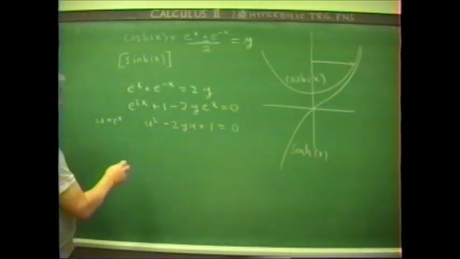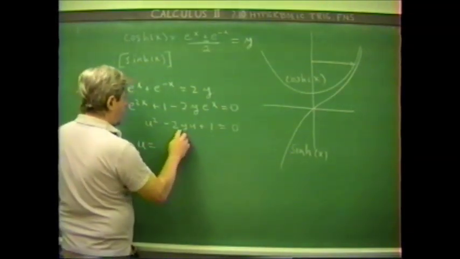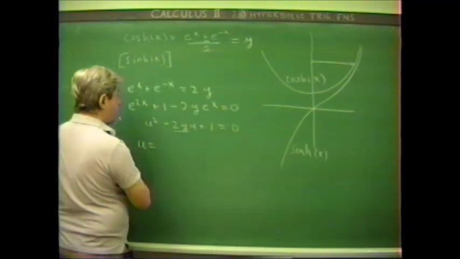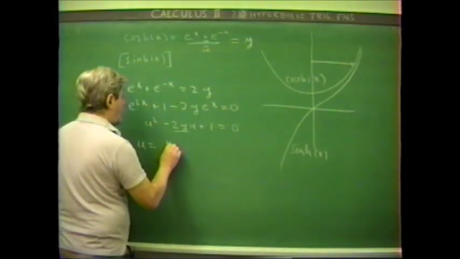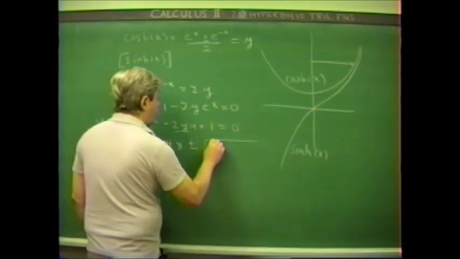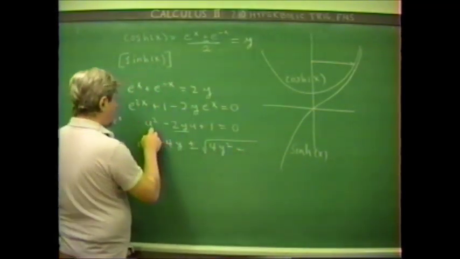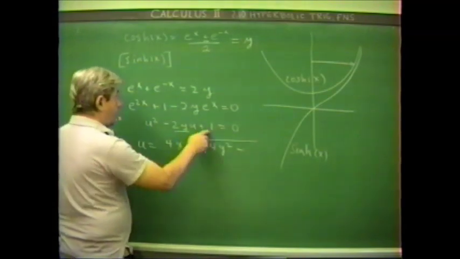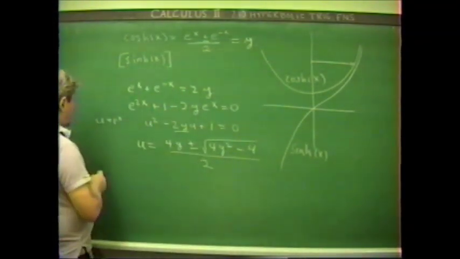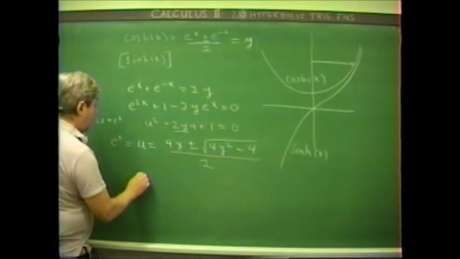So we get that u is equal to minus b, the quadratic formula. This is a quadratic equation, except that, of course, we've got a 2y here, so this is going to be 4y plus or minus the square root of 4y squared minus 4 times 1, over 2. And now this was u is e to the x here. So we can get x here by taking the logarithm.